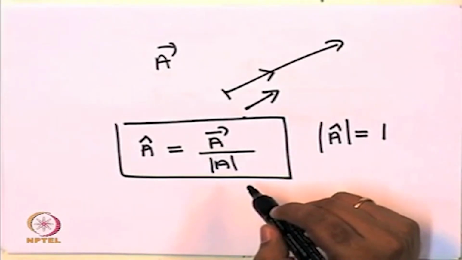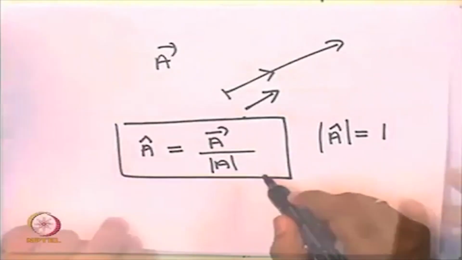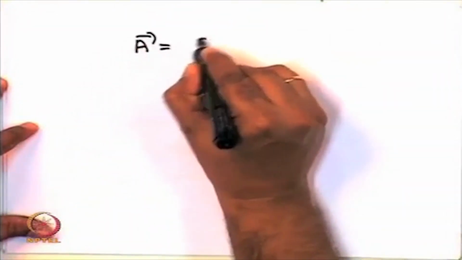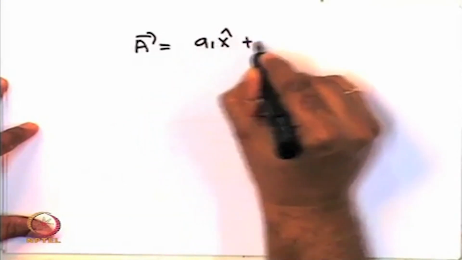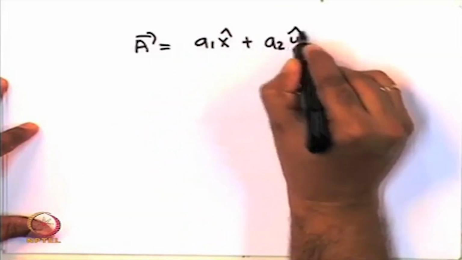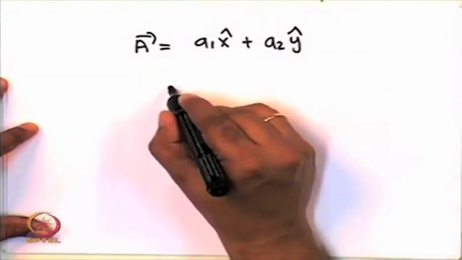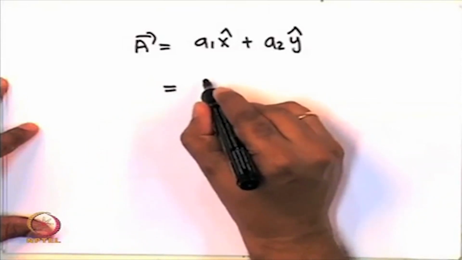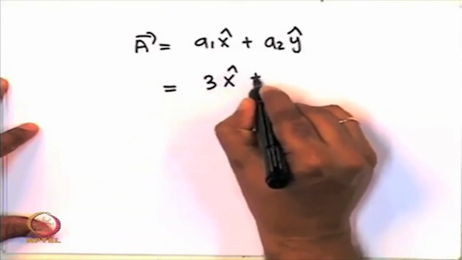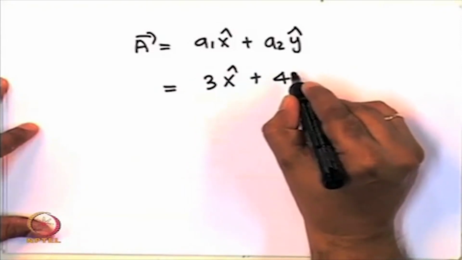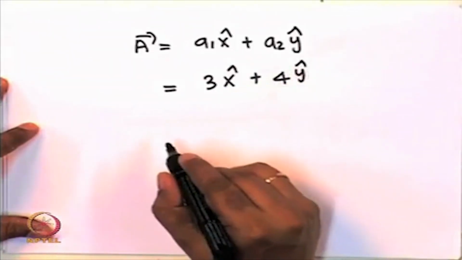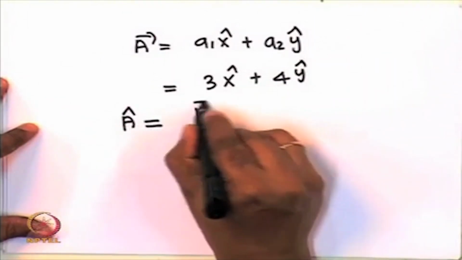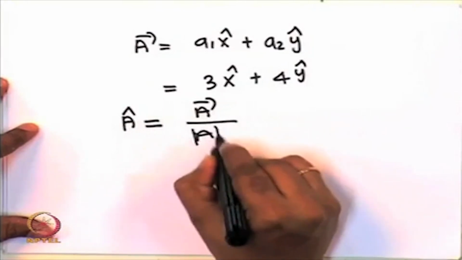Let us think about this a bit carefully. Say you have vector A, which is A1 along the x axis plus A2 along the y axis. Let us say in our case it is 3 x plus 4 y. Now, what is A cap? A cap is A vector divided by the modulus of A vector.